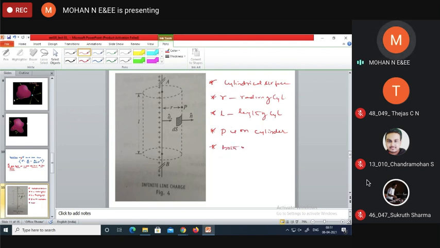So both ends are closed. That is why this surface is your Gaussian surface.